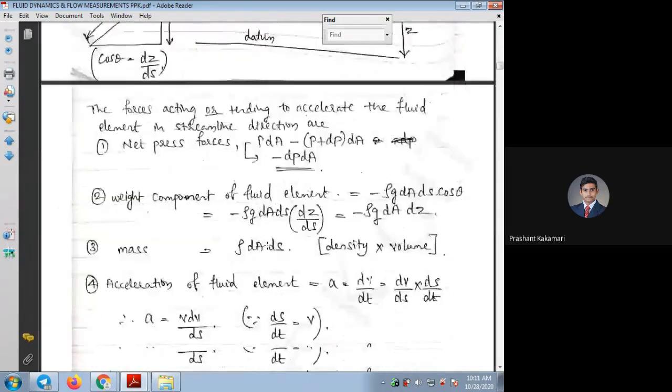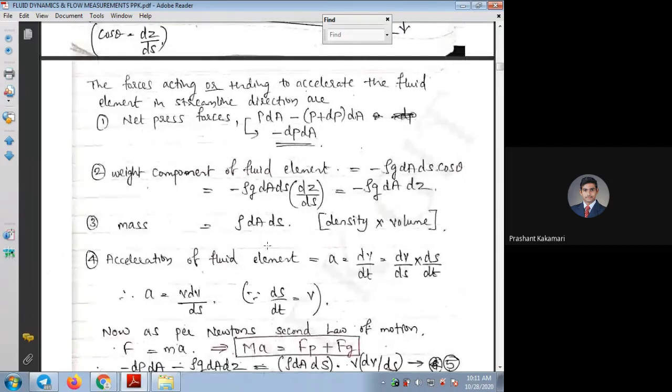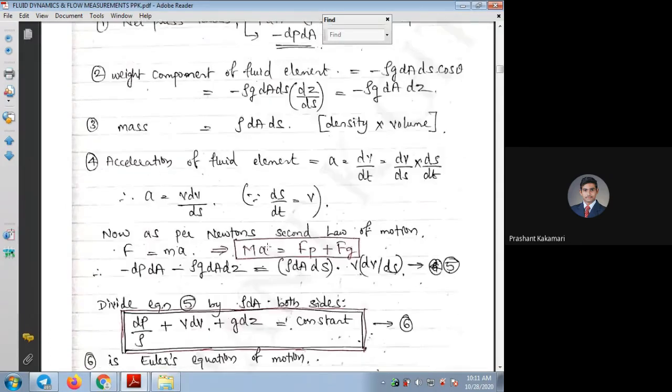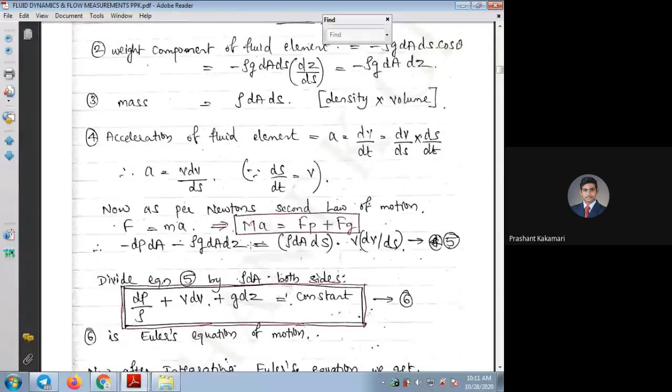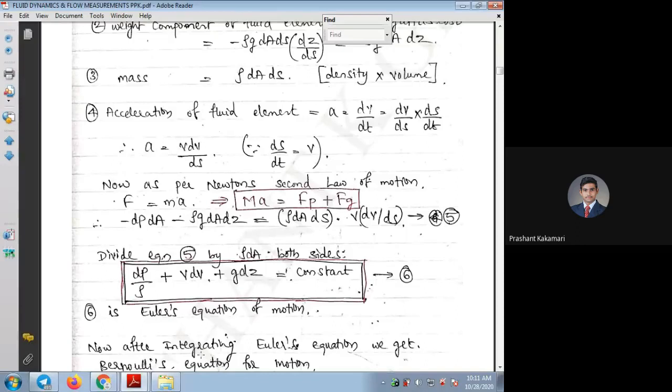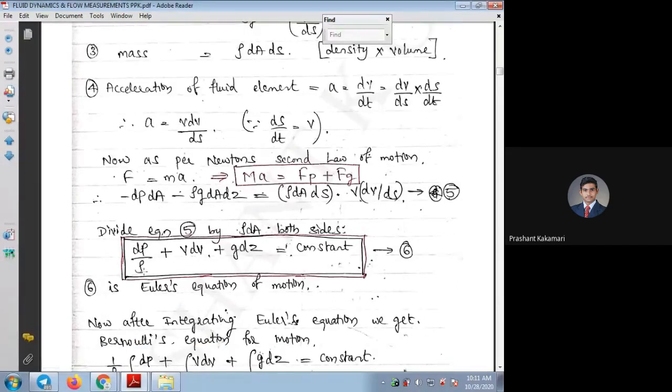After deriving the Euler's equation, you just do one step of integration. This is nothing but the derivation of Euler's equation as well as Bernoulli's equation. So the next step is integrating this Euler's equation and converting it to the other form. That is done by Bernoulli.